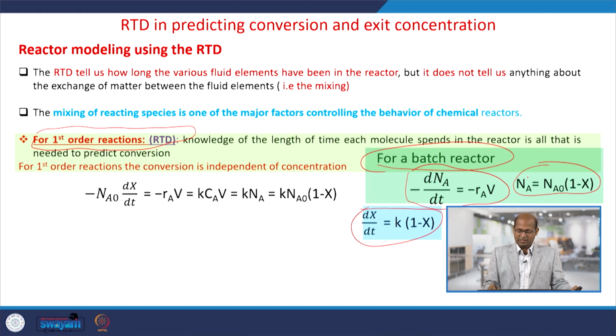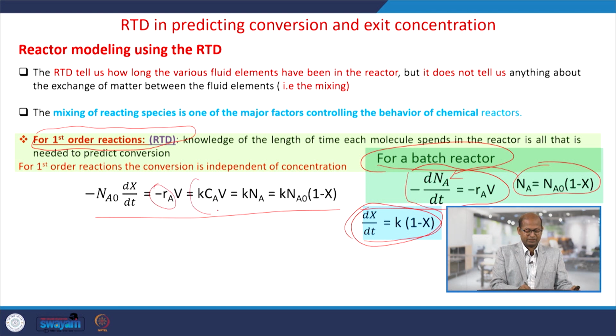If we substitute this here and simplify, we can get this. Here we have considered first order, and from this we get the change of conversion as a function of temperature. We should know the kinetic parameter, the rate constant for that particular reaction, and then we can do it.